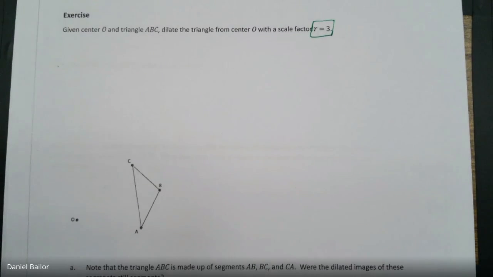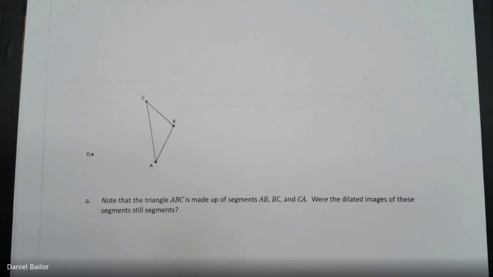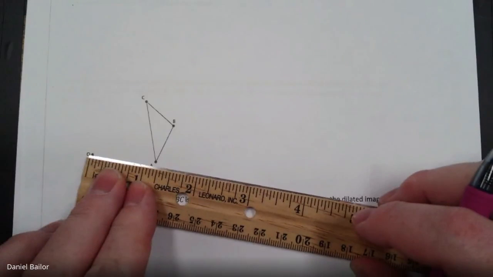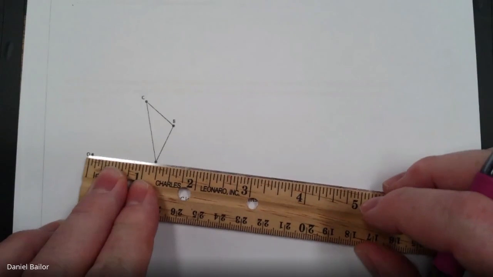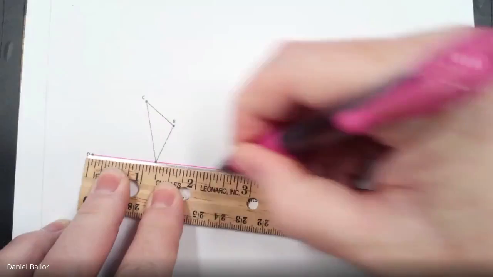We're going to do R equals 3. So here we go. We know the scale factor. We know our figures. We know our center. The first thing we need to do is find the direction. So to find the direction, we're going to connect all of the 3 points of our triangle with the center and draw rays.